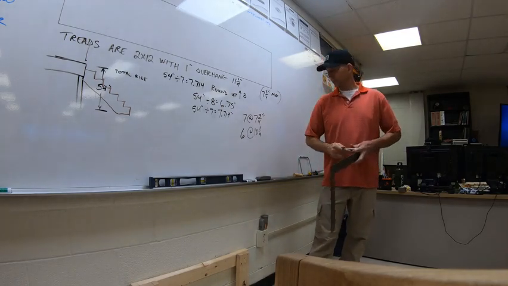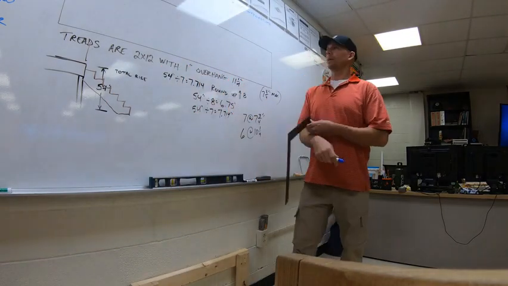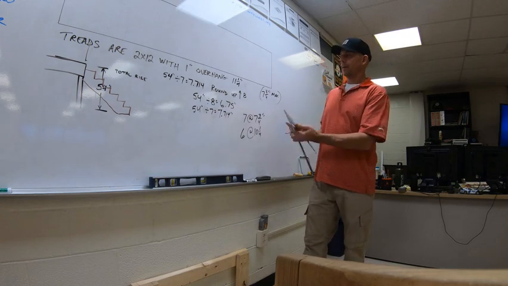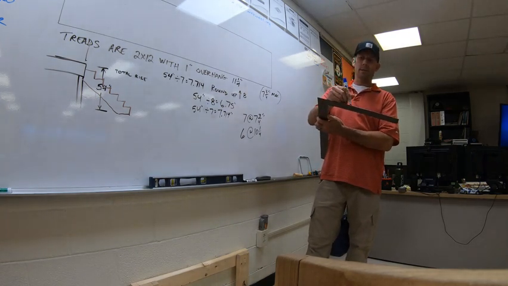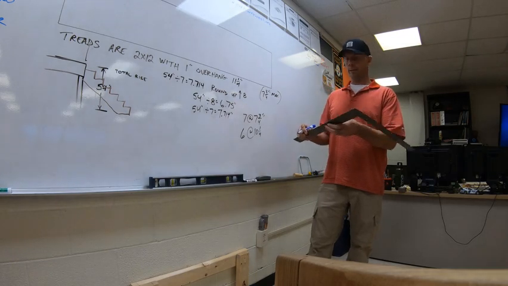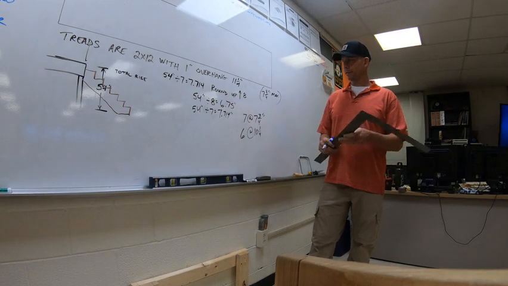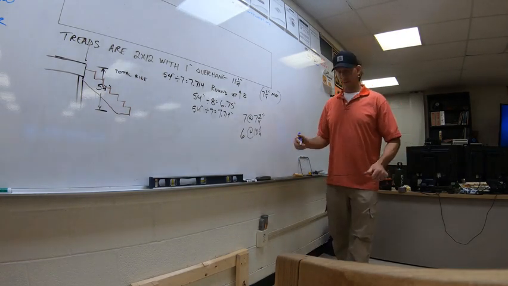Let's close these up. Now we'll lay this out. Hopefully I drew my little whiteboard or my stringer there long enough. So I'm gonna mark this at what number? 7 3/4 and 10 1/4.